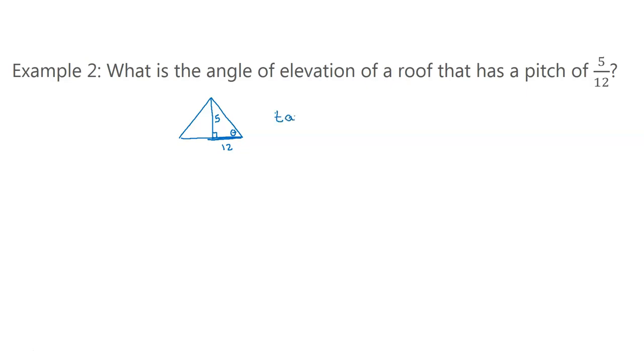So setting up my tangent ratio, tan is opposite over adjacent. And opposite over adjacent is the same as the slope, which is 5 over 12. Now again, to find that angle, we need to use this button here, that tan -1 button on our calculator. So put tan -1, 5 divided by 12, and you should get an angle of 23 degrees.